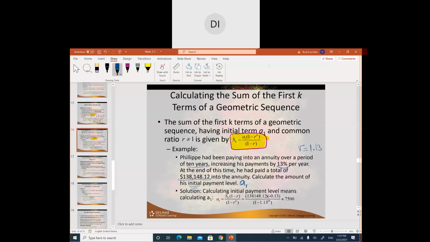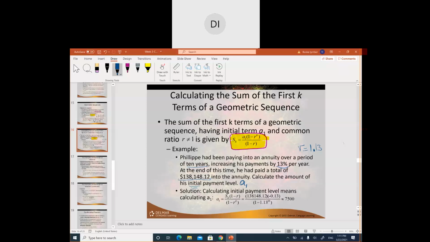Why is it 1.13? Because it's not just 13%, it's adding 13, right? So if you have 100% now, when you add 13, it's going to be 113%, which is 1.13 in decimal form. So R is the decimal form of the percent, okay?